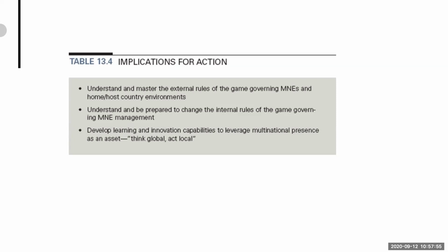So the core strategy is what dictates the structure, the knowledge management, and the relation with the subsidiaries. We also saw that strategy is not static. You have to continuously learn and then continuously improve on that strategy.